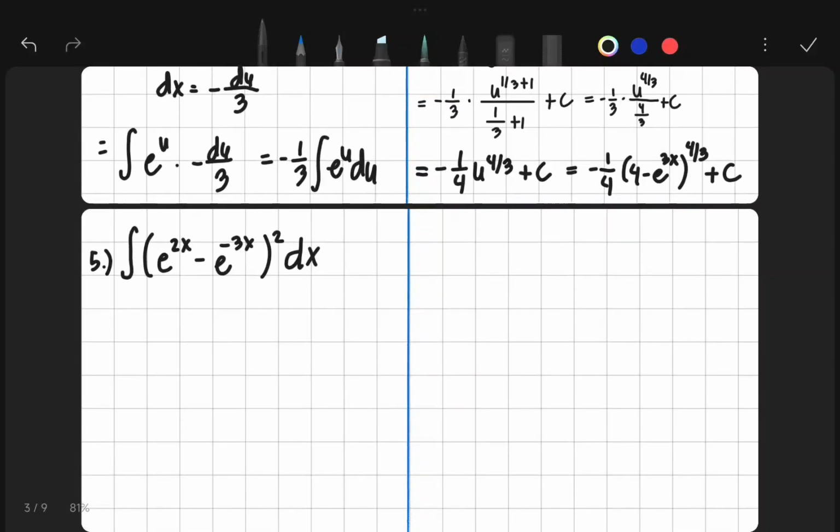For this one, we just need to expand this first before we integrate, because we cannot have a substitution for this one directly. So we need to expand first before we can substitute.